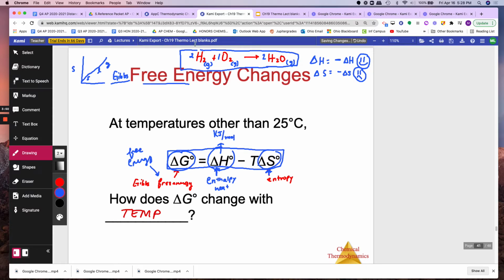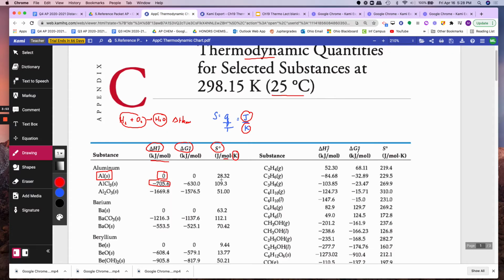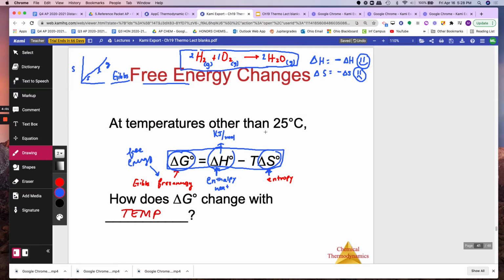And delta S has a unit of J over mole K. So why do you think you have to put the temperature here? Yeah, because you have to multiply it by K so that the K here will cancel with this K. So you have kJ over mole, J over mole. You can convert this by dividing it by 1,000. You can get this to kilojoules per mole.